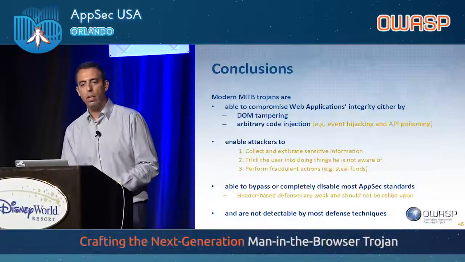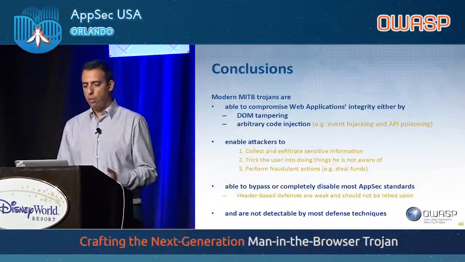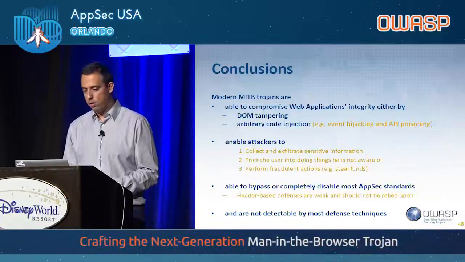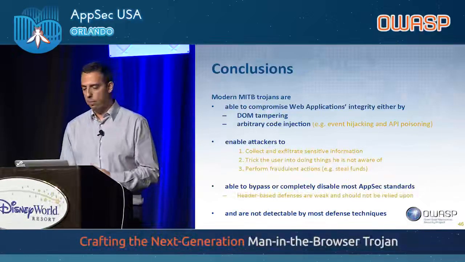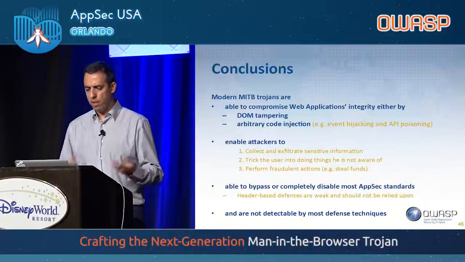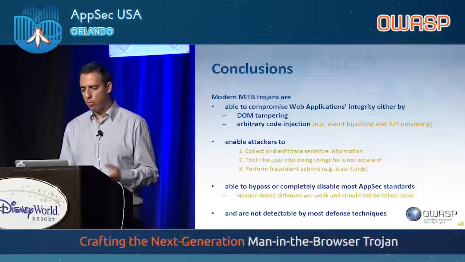So, wrapping up, modern man-in-the-browser Trojans are able to compromise web applications. They can inject arbitrary code, modify events, do API poisoning. Attackers can collect information, can trick the user into doing things he's not aware of, and perform all sorts of fraud in the web applications.